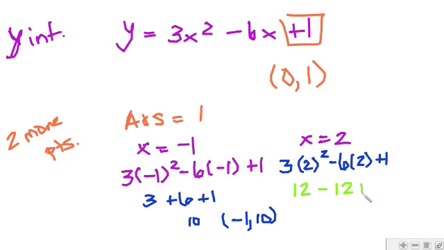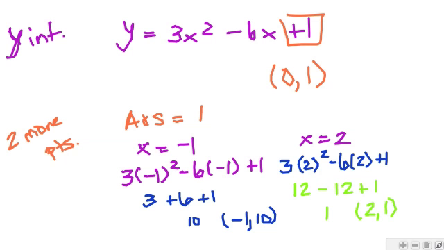And we're going to add the plus 1. So here we have 12, take away 12, which is 0. 0 plus 1 is just 1. So my answer here would be 2, 1.